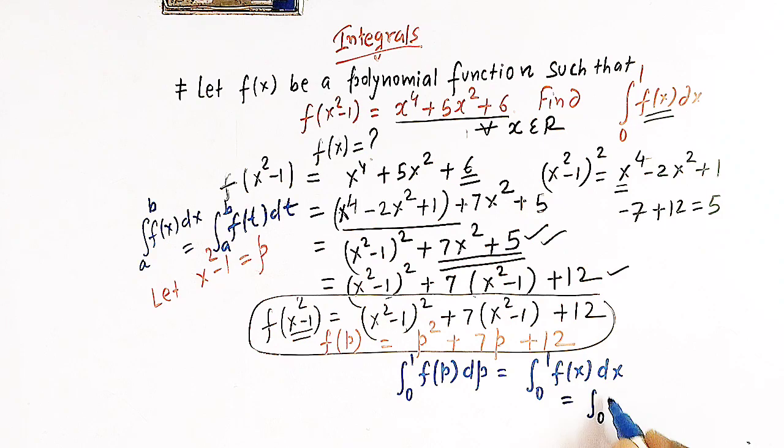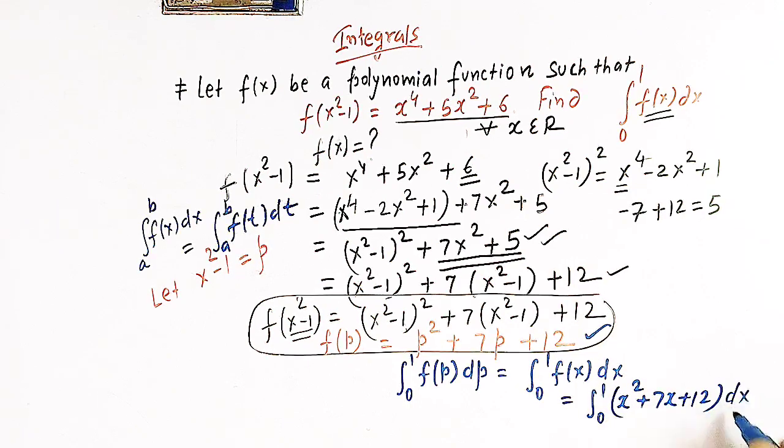So now we can write 0 to 1, and f of x can be written from this expression by replacing p by x. So here we have x square, and then we have 7x plus 12, and this is dx.